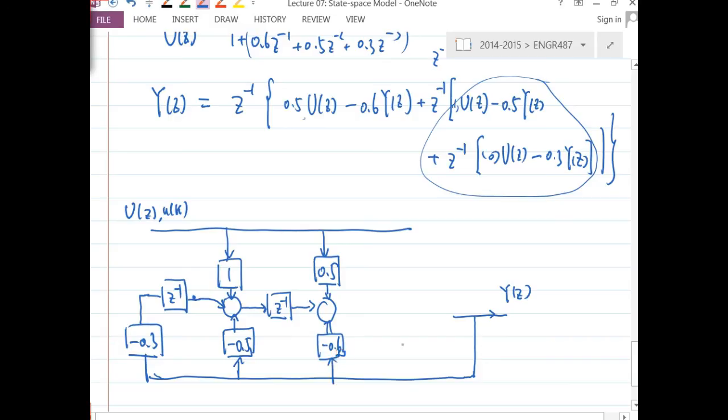The last one is another delay here. So that completes this simulation diagram based on that expression, the nested programming. This is the nested programming.